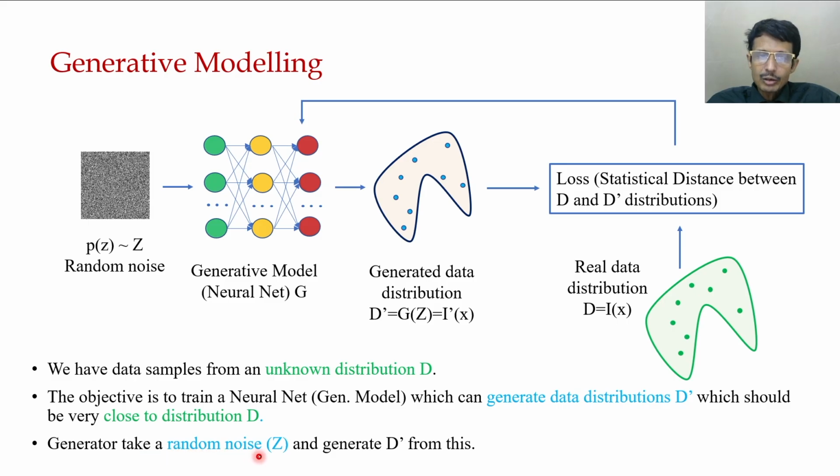So the generator takes a random noise Z and generates D bar from this. This is the total picture. I repeat, a generator model wants to generate samples that belong to D bar, and D bar should be similar to a given real data distribution.